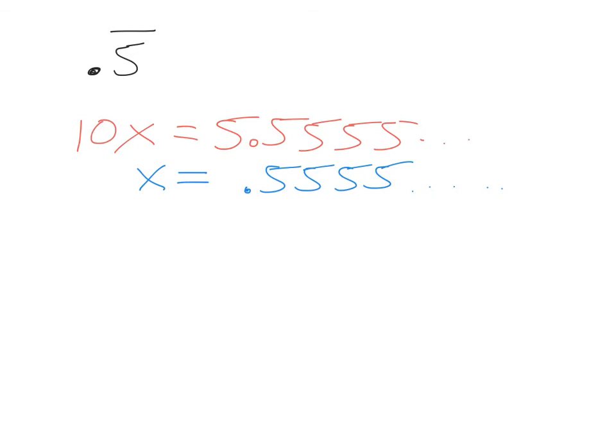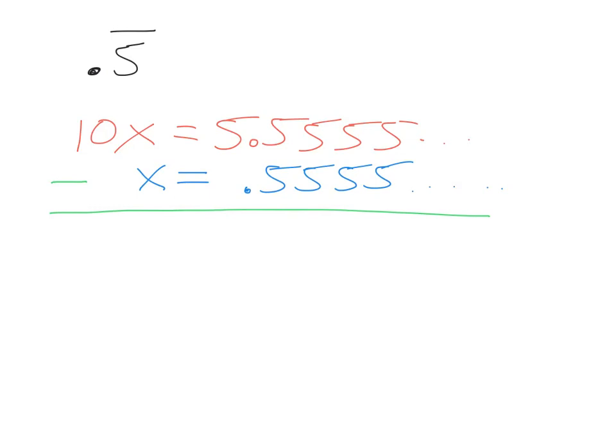Now, watch this cool little trick. I'm going to take these two equations, and I'm going to subtract them. So if I take 10x, and I take away an x, what do I get? No, I don't get 10. Think of it this way. 10x means I have 10 x's.